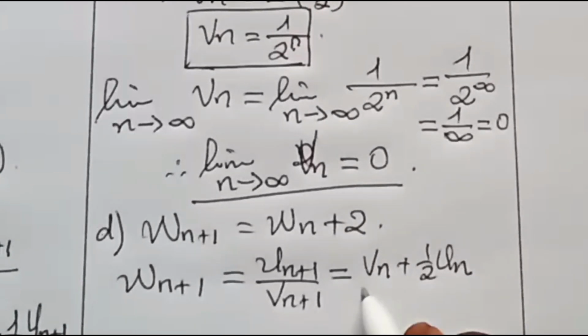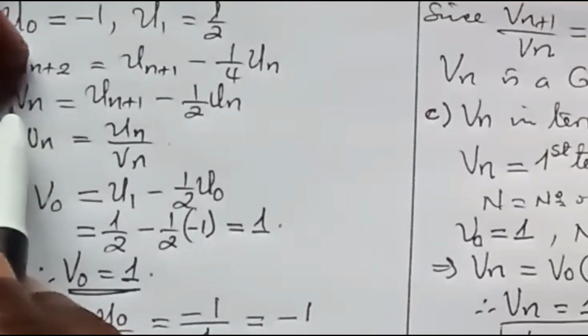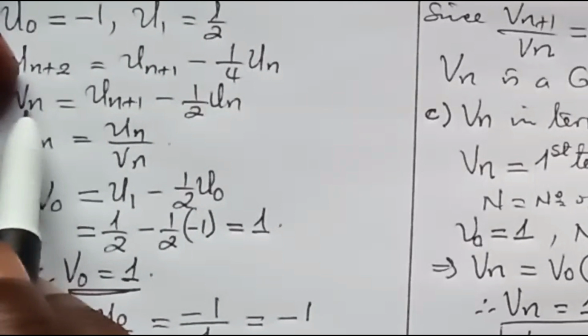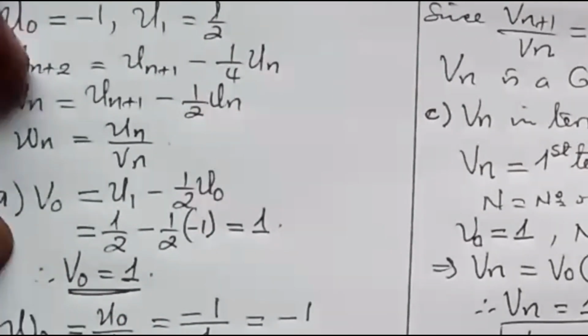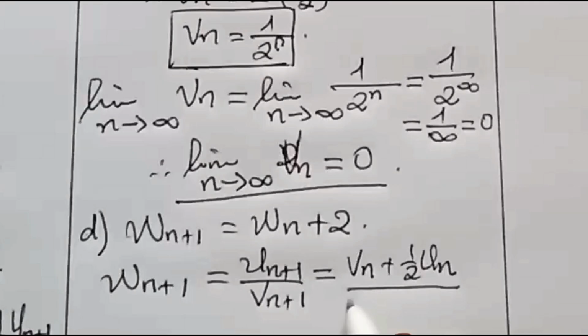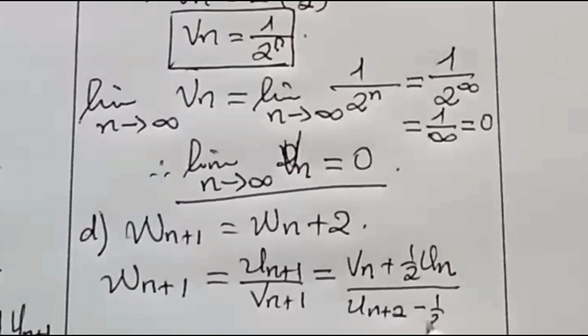Divided by Vn plus 1, which is simply obtained by replacing every n by n plus 1 in the expression for Vn. So we get Un plus 1, which gives Un plus 2 minus half Un plus 1.